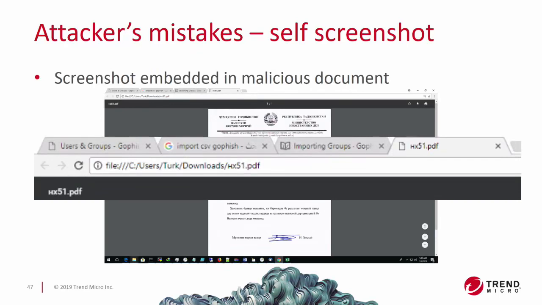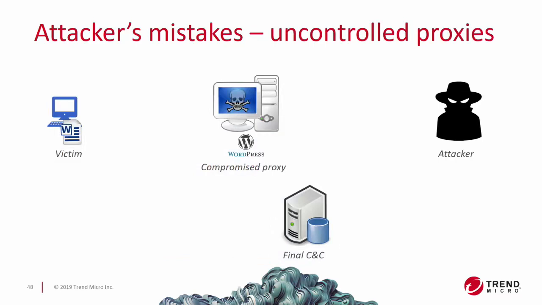In this screenshot, if I make the tab bigger, you can see a second tab, import CSV go fish, and some letters in Arabic or Farsi. The name of the user in this case was Turk, probably Turkish, someone targeting Turkey. Arabic letters, and go fish is some kind of phishing toolkit. It's quite interesting.